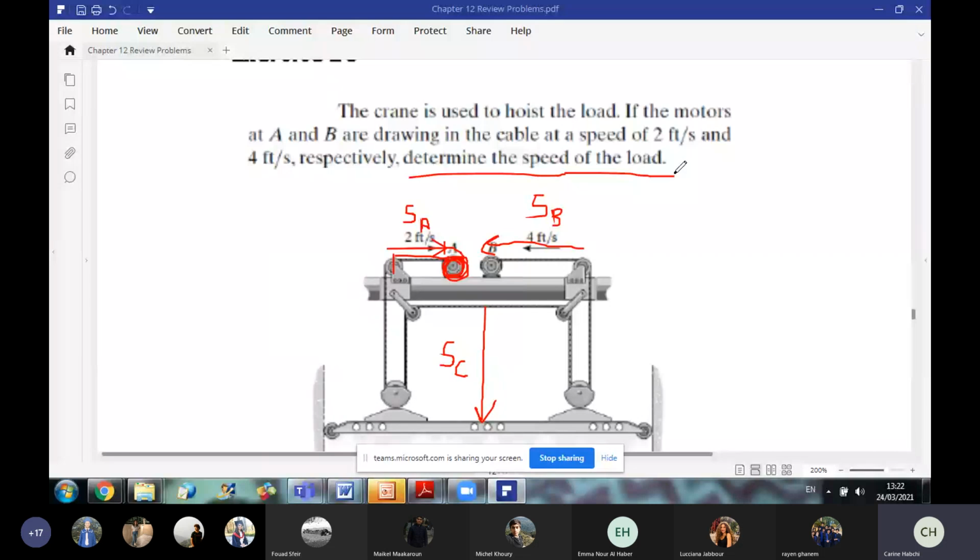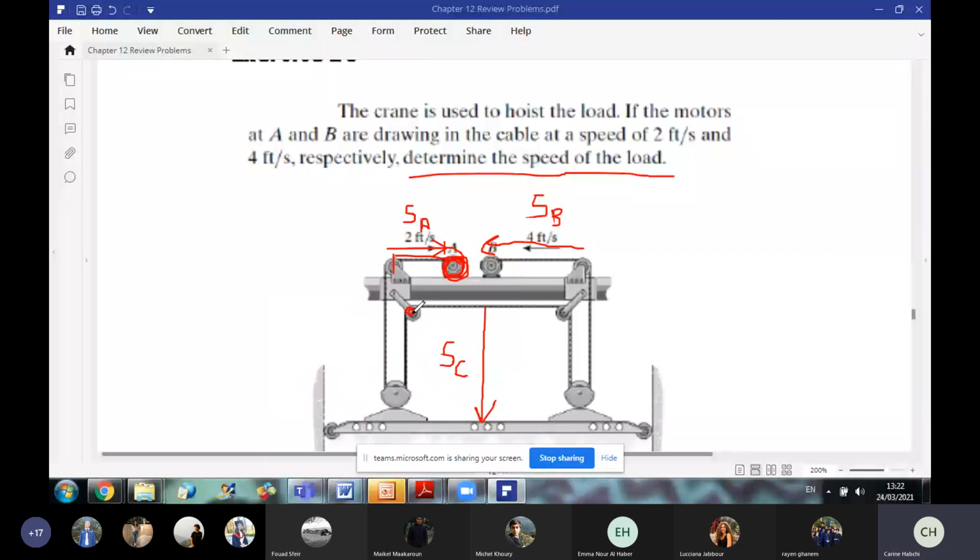As usual, in such a problem, the strategy is to write the total length of the cord and then derive the relation. So first, my cord is starting, if I start from here, let's see.